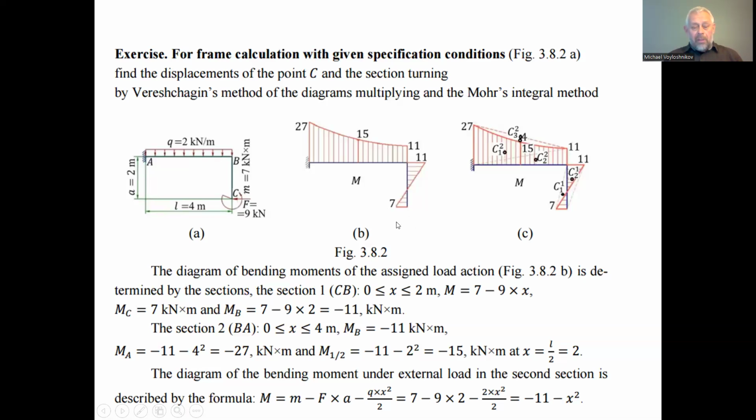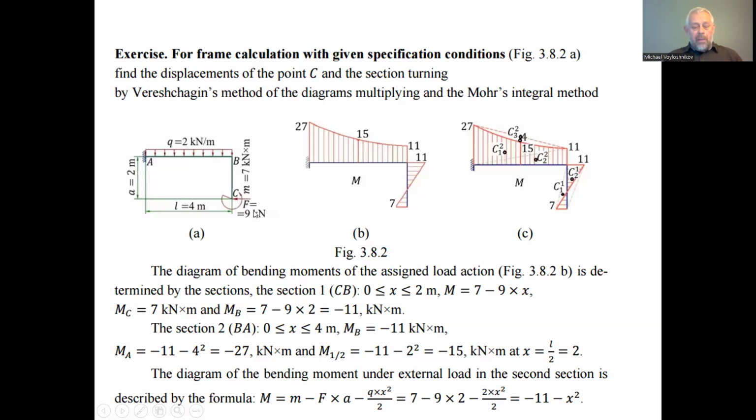So the bending moment diagram has to be linear, and we need two magnitudes at the ends to have the linear shape of the bending moment diagram for this one element of the mechanical system, CB.